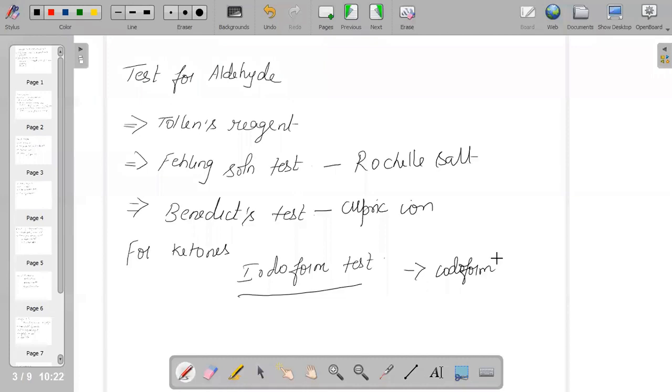So there are different kinds of isomerism which can be shown by aldehydes as well as ketones.